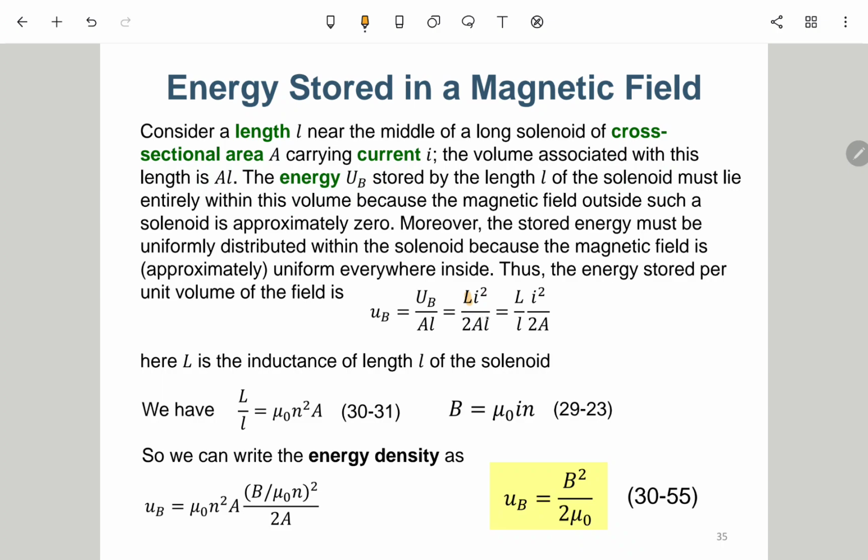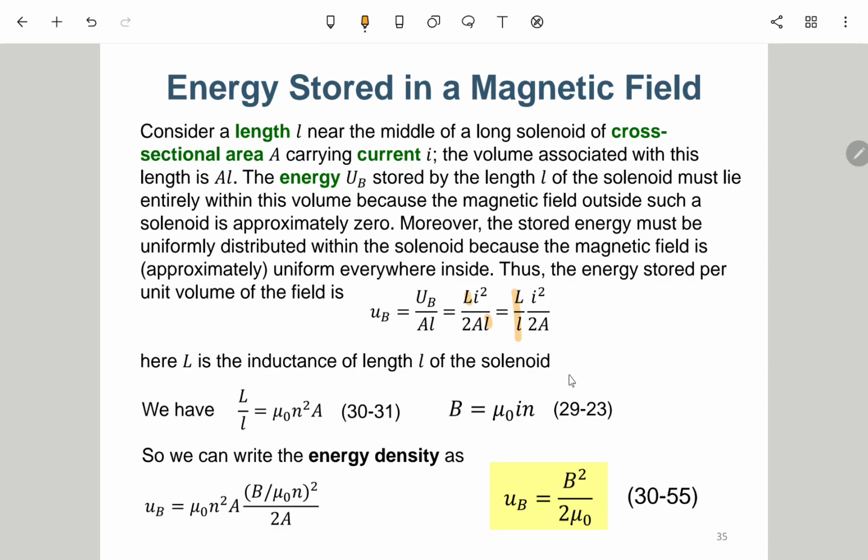We have a big L over small l put here, the remaining i squared put here, and 2A put here. Previously we already know that capital L over small l is mu 0 n squared A. We have derived this equation before, so we just make use of it.